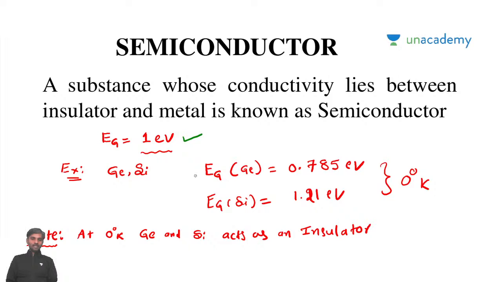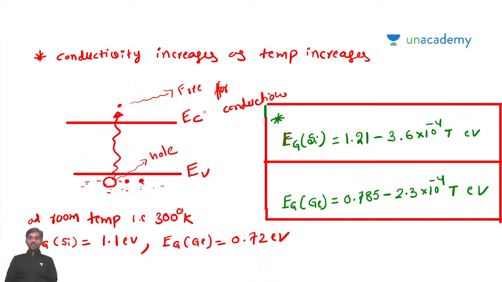And that energy gap at 0 degrees Kelvin for germanium is going to be 0.785 electron volts, and for silicon it's going to be 1.21 electron volts. This energy gap varies with respect to temperature. If you increase the temperature to 300 degrees Kelvin, silicon becomes 1.1 electron volts and germanium becomes 0.72 electron volts.